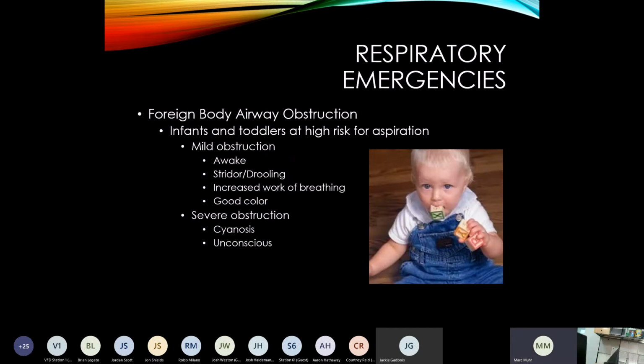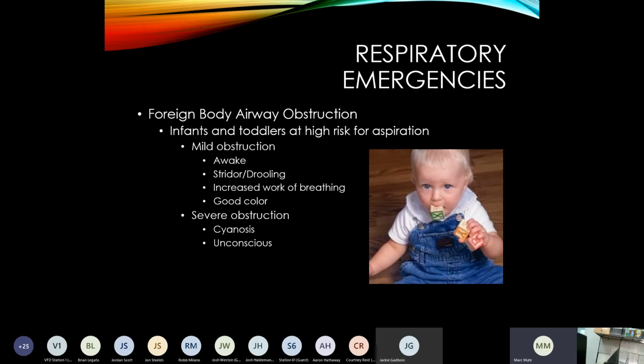Okay, moving on to specific issues. Foreign body airway obstructions can be common in infants and toddlers. Their mouths are kind of like a third hand. They are at high risk for aspiration. A mild obstruction presentation in younger kids: typically they're awake, they may be drooling, a little bit stridorous.